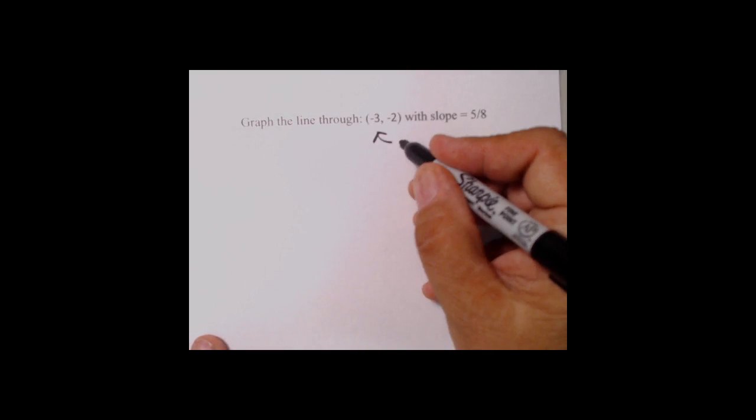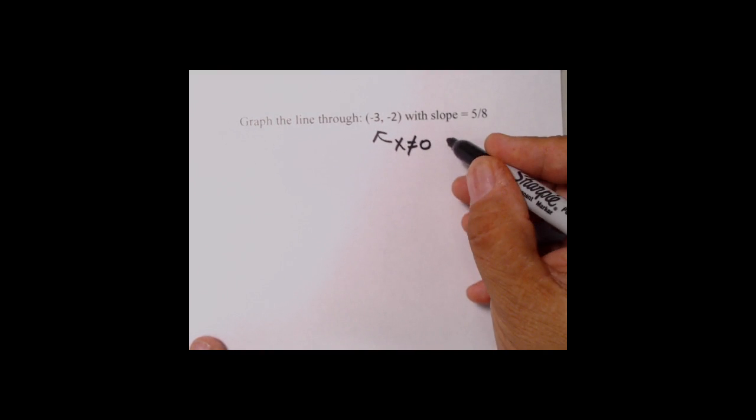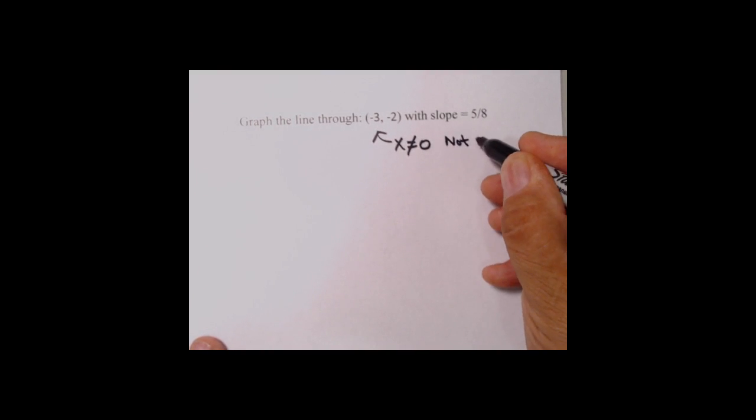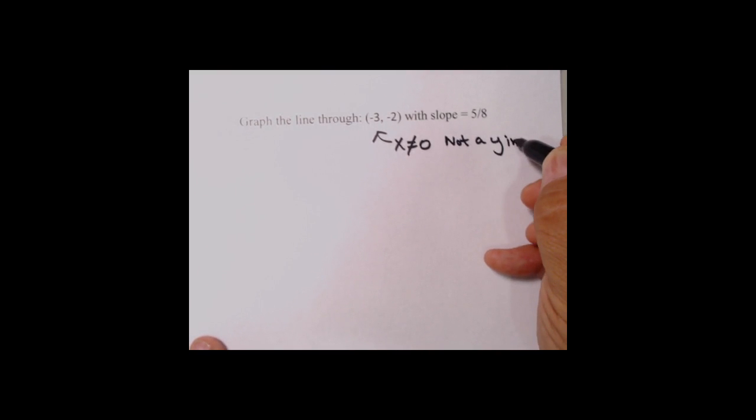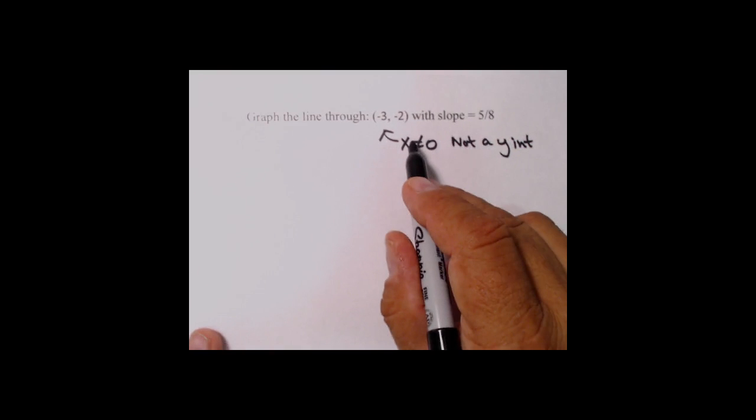Okay, the last thing to talk about here is how do we graph this? And notice now, once again, this is not a y-intercept. X is not equal to 0, so not a y-intercept. Okay, well, we're not going to be using the equation here. That's not what we're after this time. We're after graphing this.